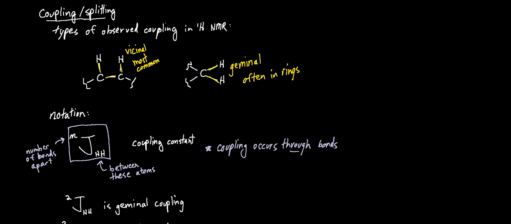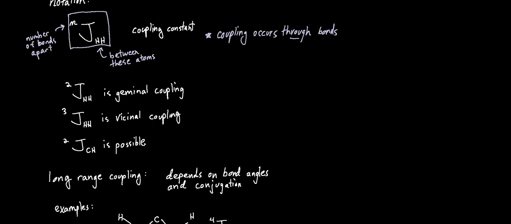There's a notation that we use for coupling constants. Technically speaking, it's a J value. You can read this pretty clearly for yourself. The notation is, this is the number of bonds apart, the coupling where it is that we're talking about, the atoms we're talking about, referring to, that are coupling each other.